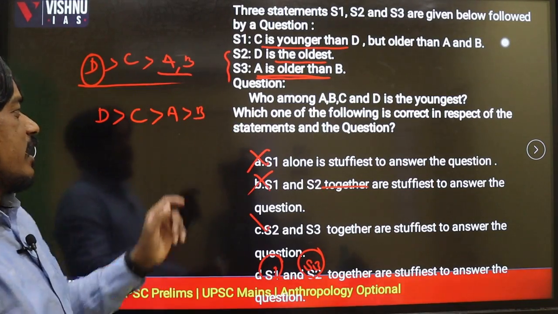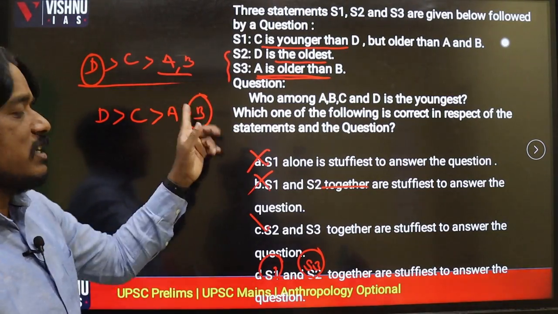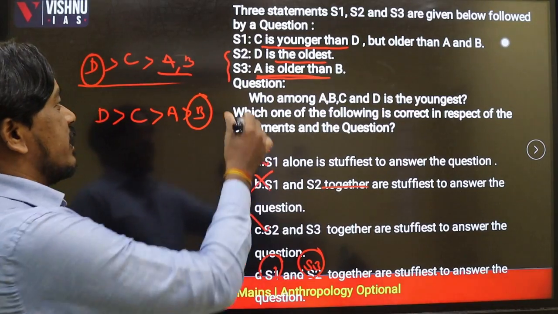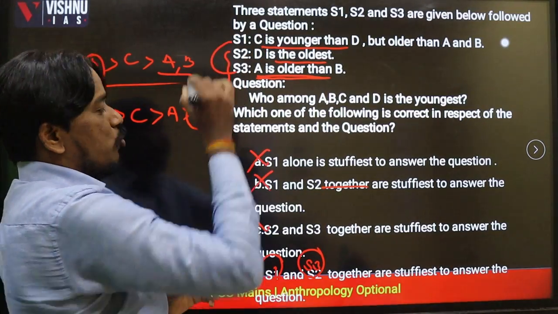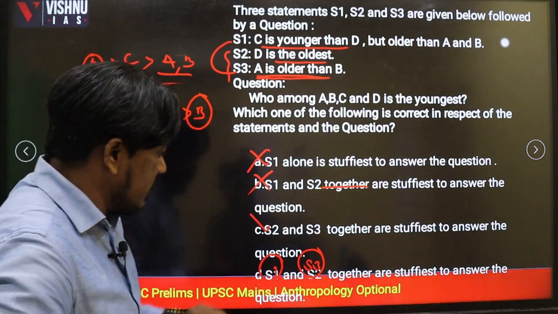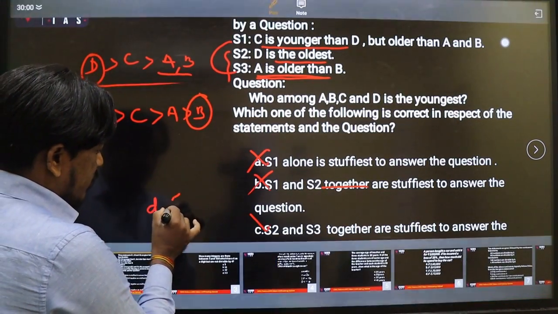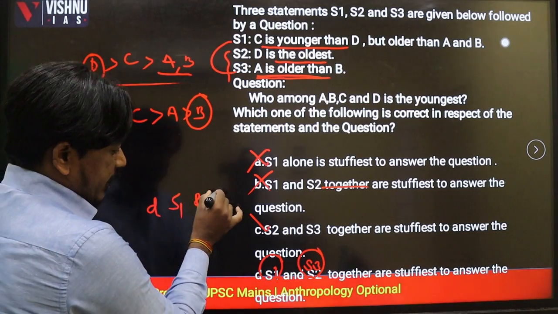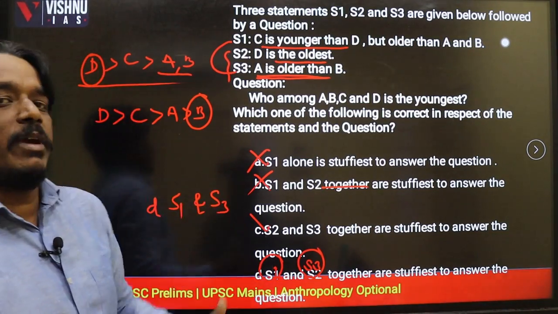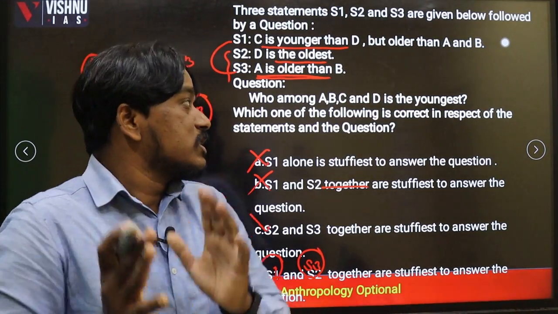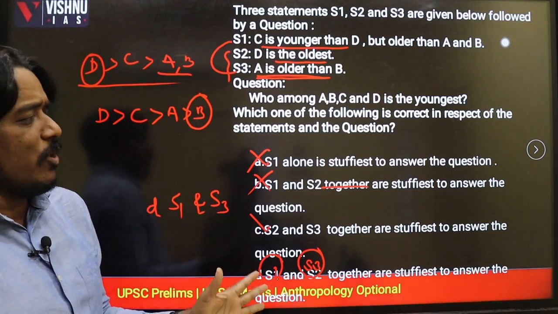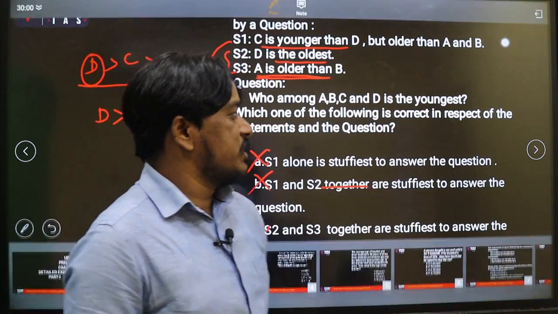Now we can decide directly who is the youngest, that is B, but we decide this from statement 1 and statement 3. So the answer should be option D: statements 1 and 3 are sufficient to answer this particular question. Like this we can answer data sufficiency questions very easily.